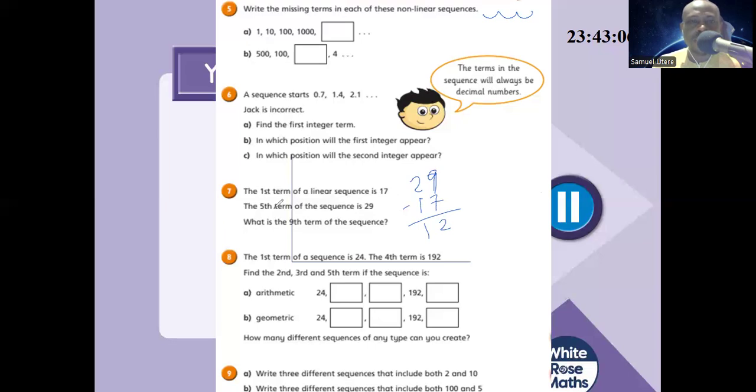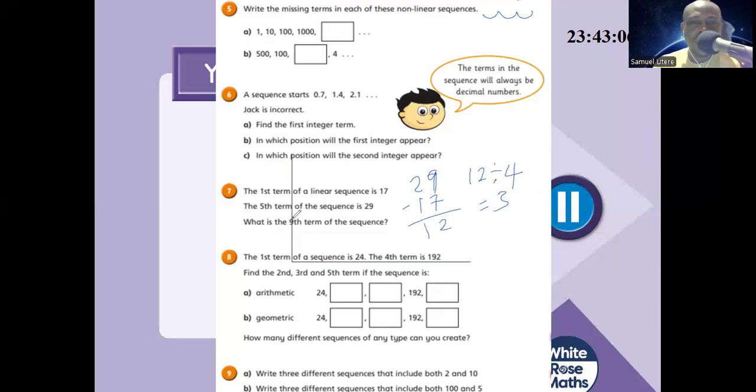Now, to get from the first term to the fifth term, remember what I told you, key skill, it's always one less. So we're going to have 4 lots of the constant difference, but we don't know the constant difference yet. To find it, we do 12 divided by 4, which is 3. So the constant difference is 3.